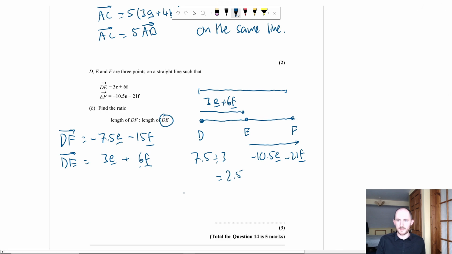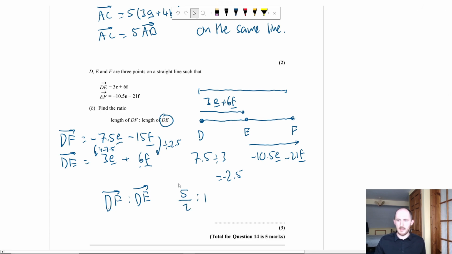And the fun thing about that is, to go from here to here, all I'm doing is multiplying by minus 2.5, I should say, actually. So I should count the negative sign. So in other words, the ratio of DF to DE is 5 over 2 to 1.